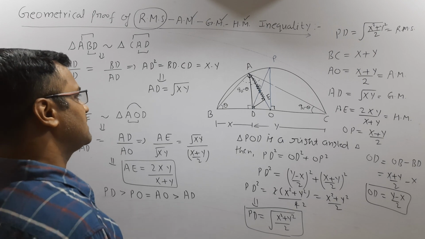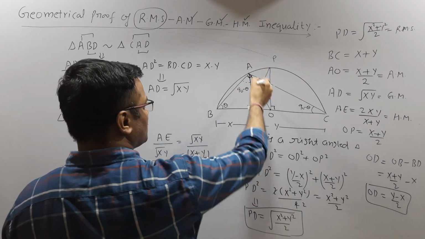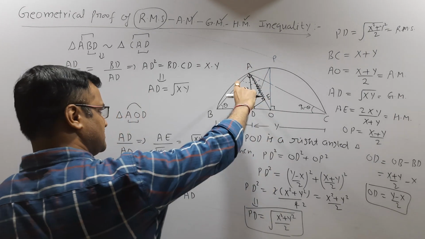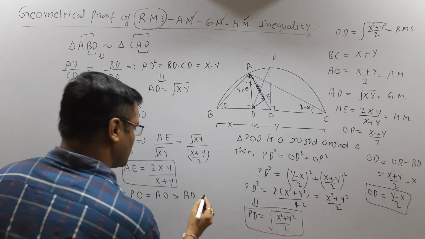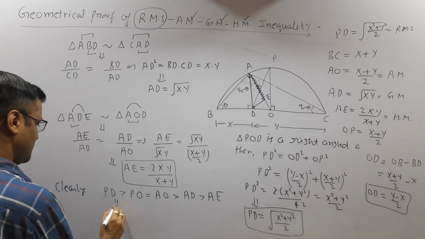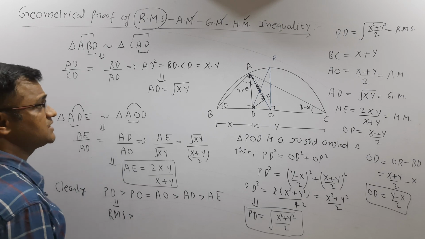And if we consider the right angle triangle ADE, then obviously AD is actually the side opposite to angle E, which is 90 degrees. So AD is the hypotenuse of triangle ADE. So AD is strictly greater than AE. Here PD is actually RMS. RMS is strictly greater than OP.